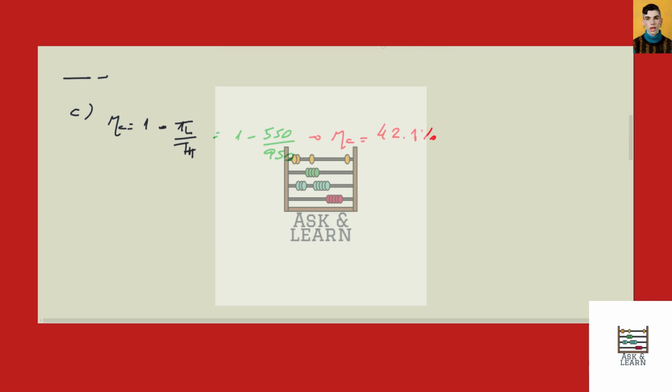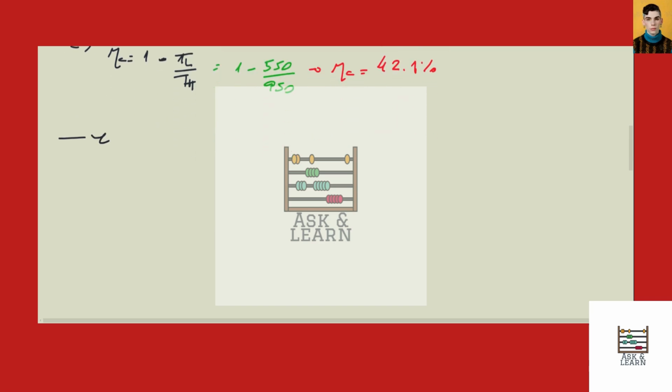And the last item now is item D. We need to find the second law efficiency, and we know that the second law efficiency is determined from the Carnot output.